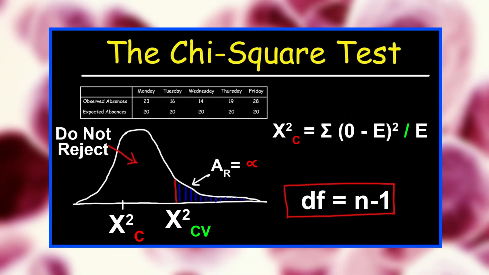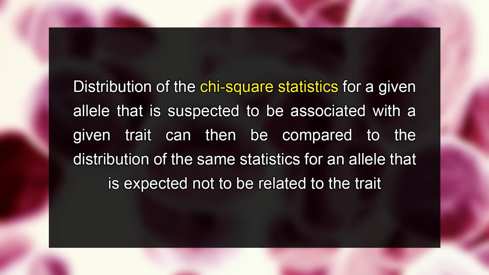It involves using a set of anonymous genetic markers to estimate the effect of population structure on the distribution of the chi-square statistics. The distribution of the chi-square statistics for a given allele that is suspected to be associated with a given trait or character can then be compared to the distribution of the same statistics for an allele that is expected not to be related to the trait.